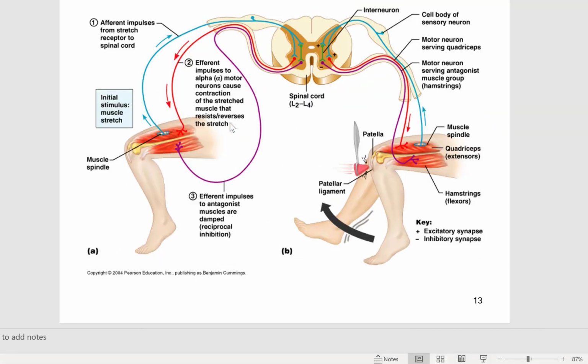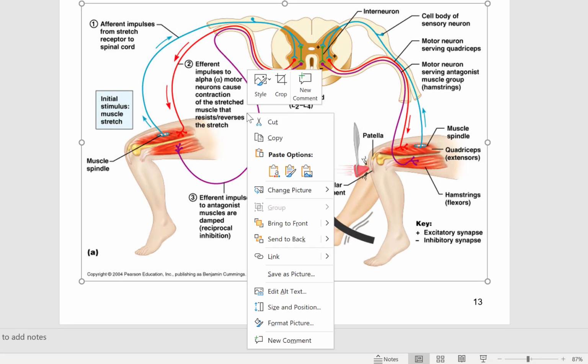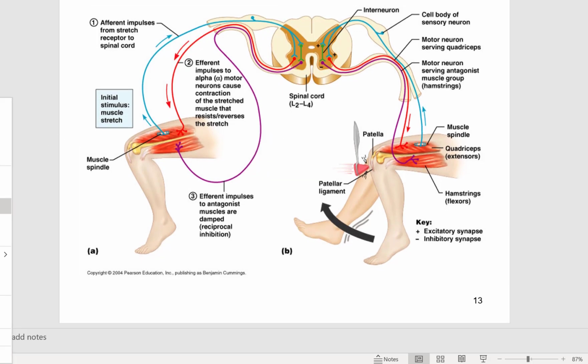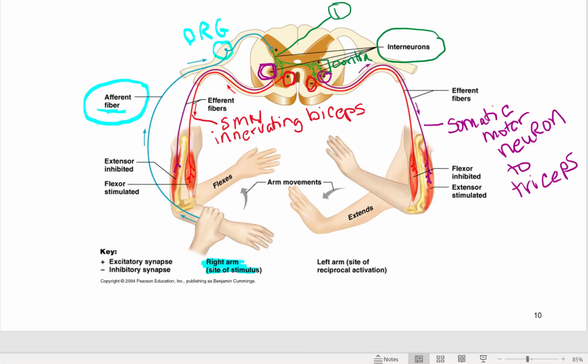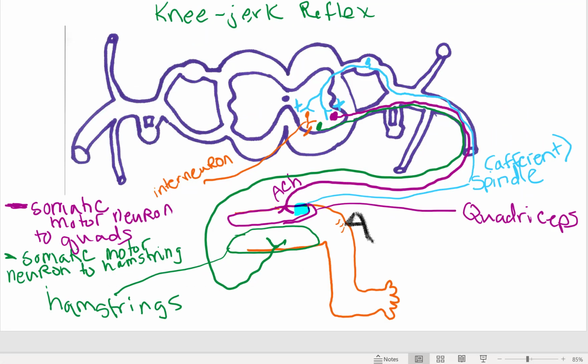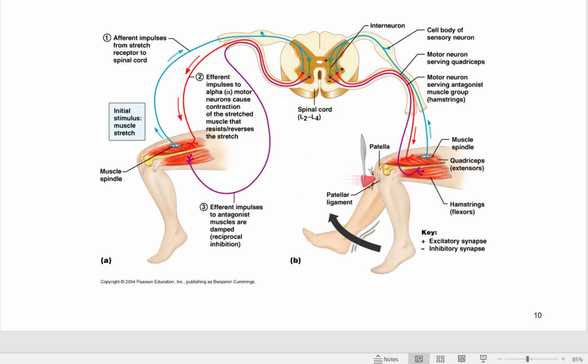All right, just so that it's a nice picture, I'm going to copy and paste the knee-jerk reaction picture into this PowerPoint, and I will re-upload this Pathways PowerPoint with my notes included onto our Canvas shell under Lecture Unit 3.